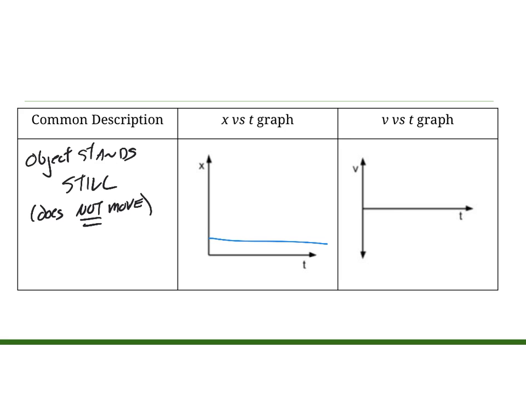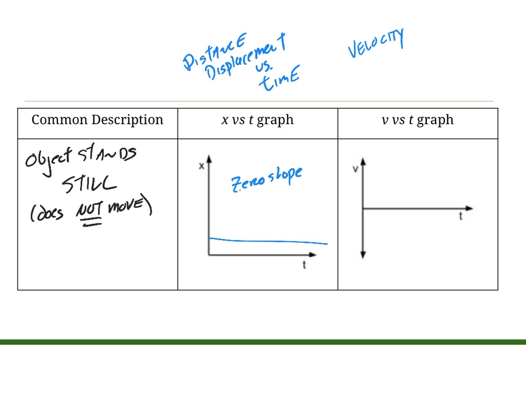So in this particular case, when I write the fact that we have zero slope on a distance, displacement versus time graph, how would I represent that on a velocity versus time graph?